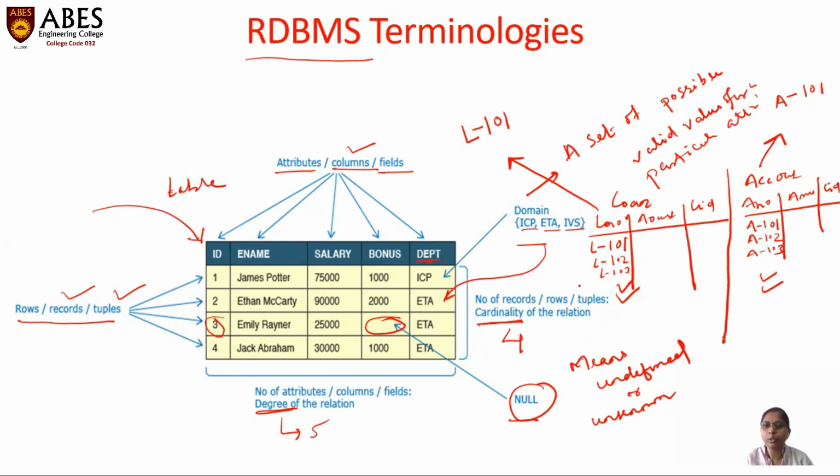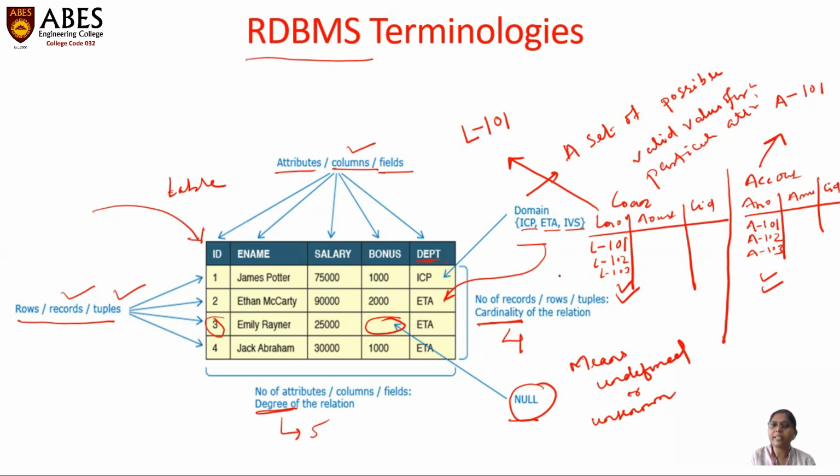Sometimes people confused with domain and data type. They feel like domain is same as data type. But there is a very huge difference between domain and data type. Data type represents the type of value we are storing. Domain represents the possible valid values for that particular attribute.